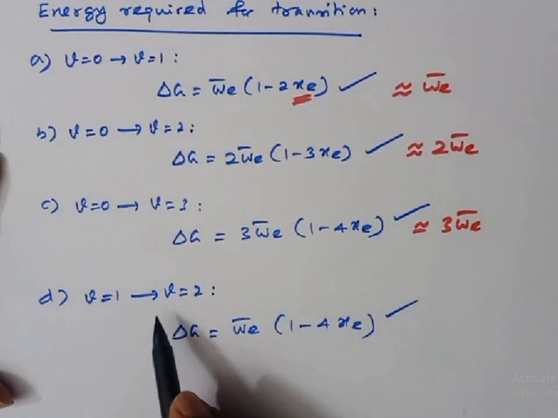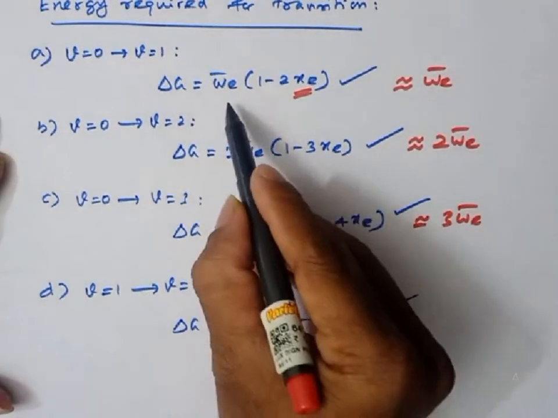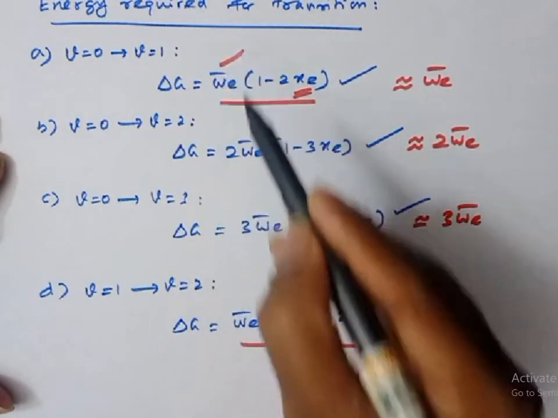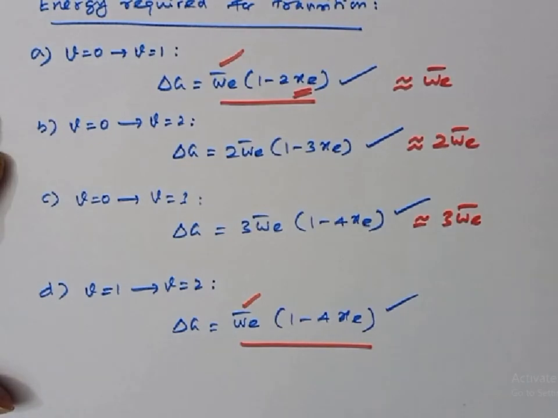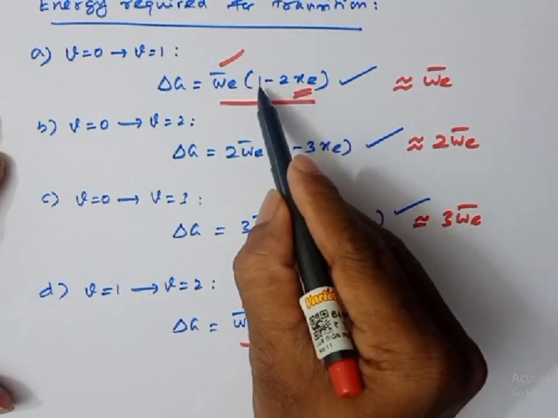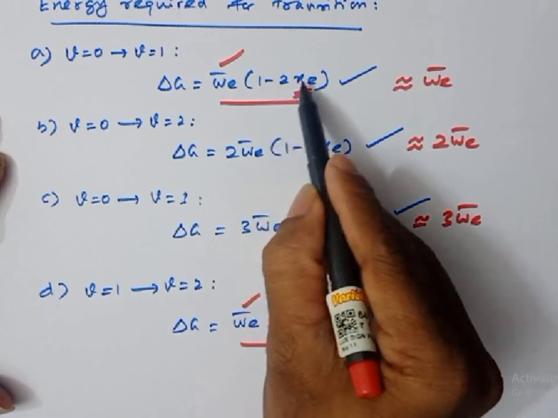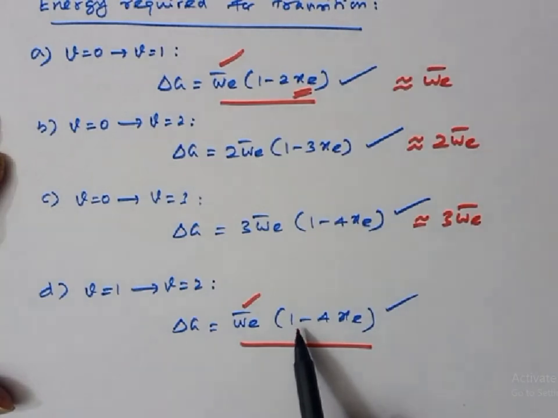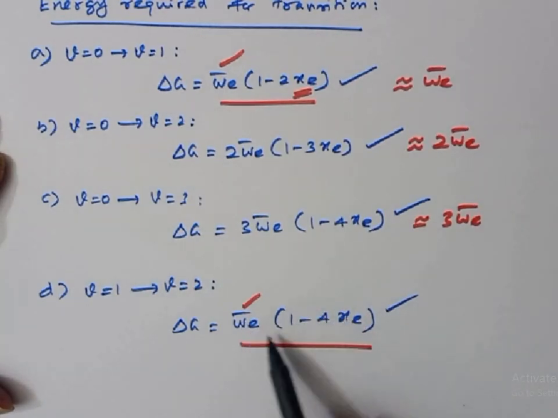What about the hot transition? Listen, if you see this equation and this equation, here we have omega E bar, here also we have omega E bar. So in this case, I'll take the entire quantity. We are subtracting 2Xe from 1, whereas here we are subtracting 4Xe from 1. So definitely this value will be less.